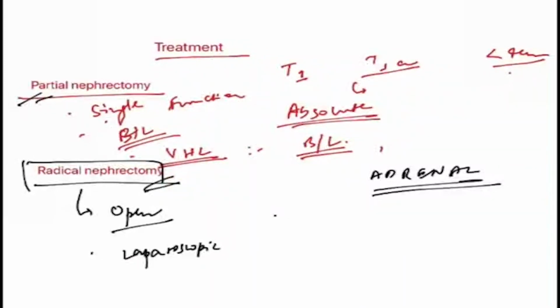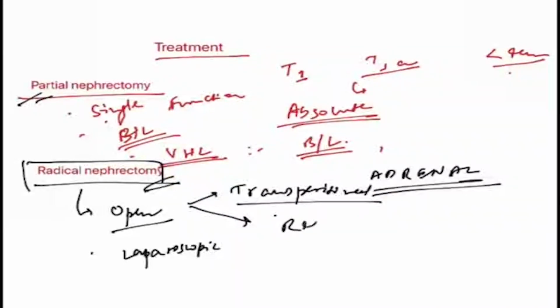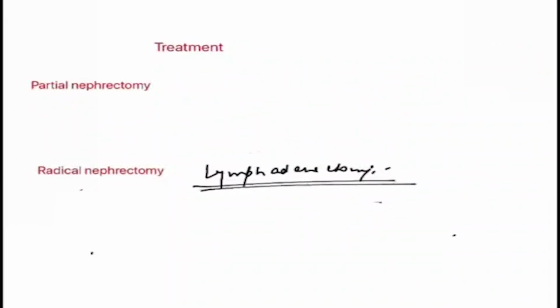This can be done with an open approach or a laparoscopic approach. The open approach can be transperitoneal, in which the abdomen is opened and peritoneal dissection is done, and the other approach is the retroperitoneal approach. Both of these approaches can be done laparoscopically also.